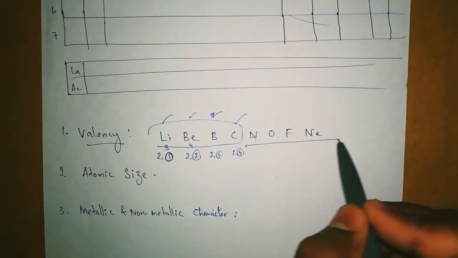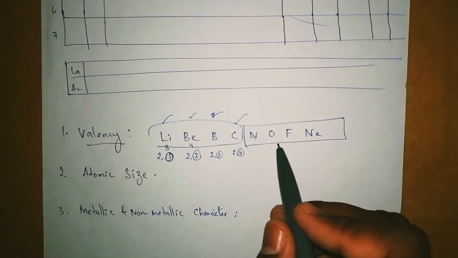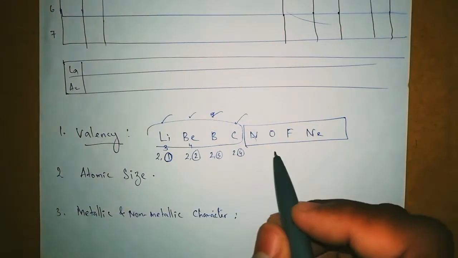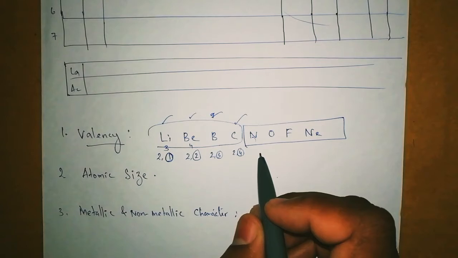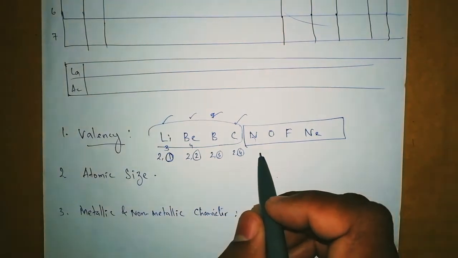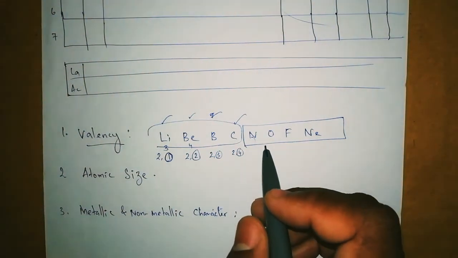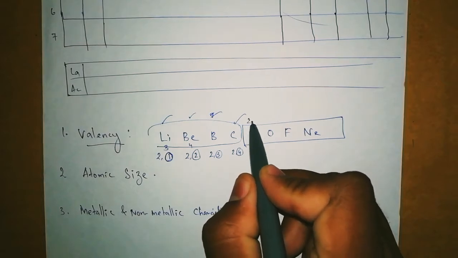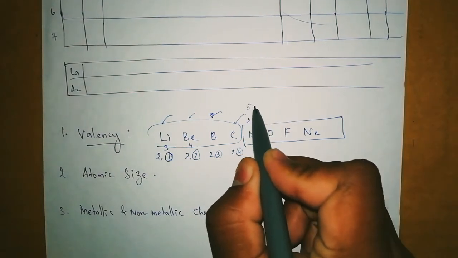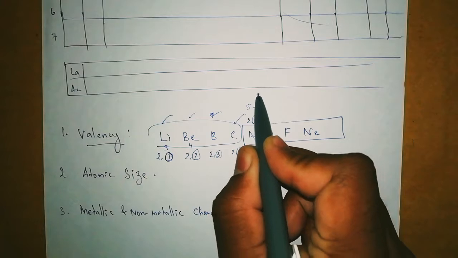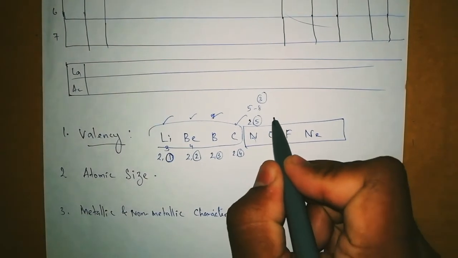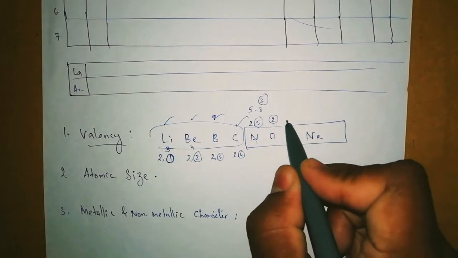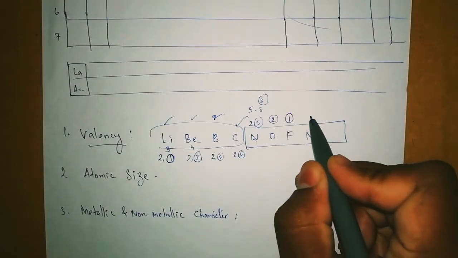But after this, from nitrogen, oxygen, fluorine, and neon, because they have more than 4, we cannot take it as valency. Nitrogen has 5 in the outermost shell, so 5 minus 8 comes to 3, so 3 is the valency. For oxygen 2 is the valency, fluorine 1 is the valency, and neon has 0 valency.